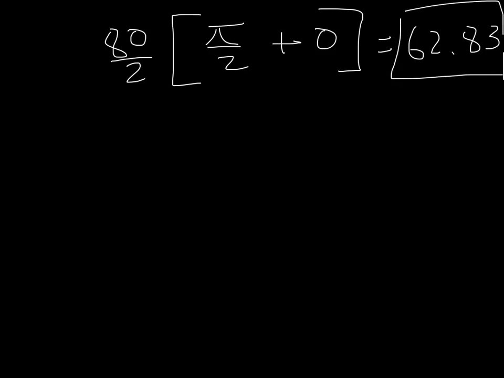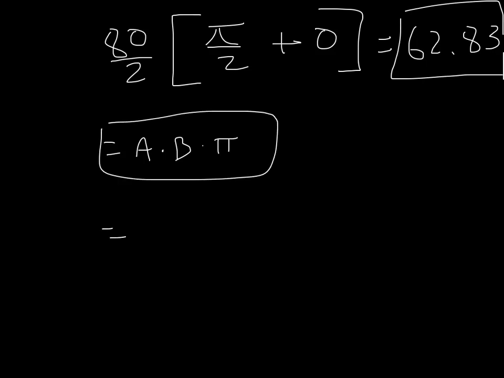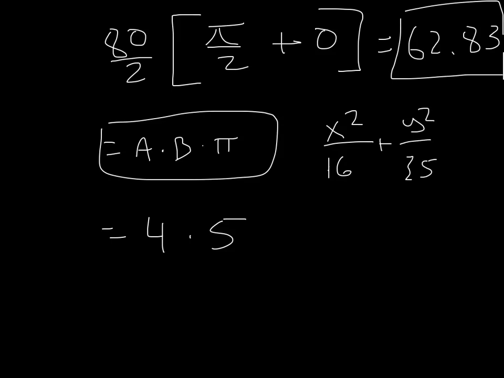And we could also check the area of the ellipse by its simple equation, which is a times b times pi. This will give you the complete area of the ellipse. If you recall, x squared over 16 plus y squared over 25 equals 1.